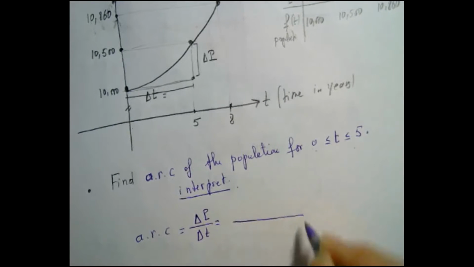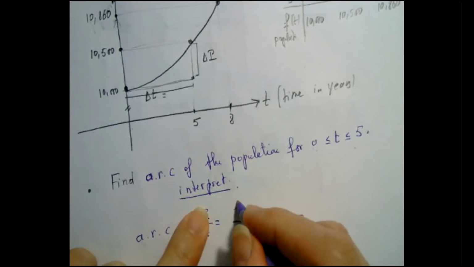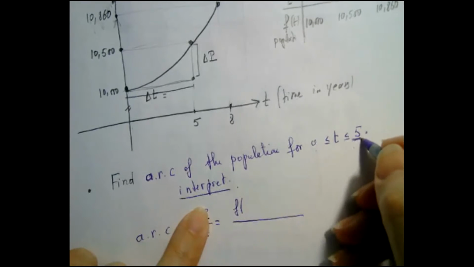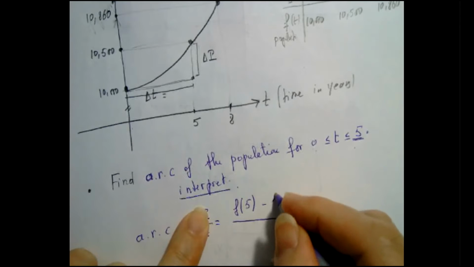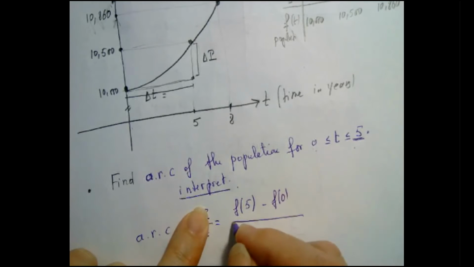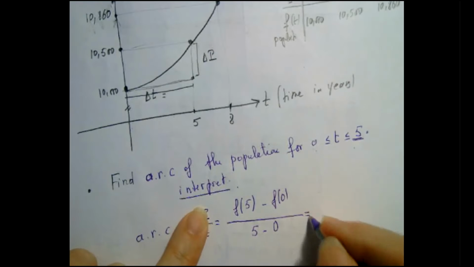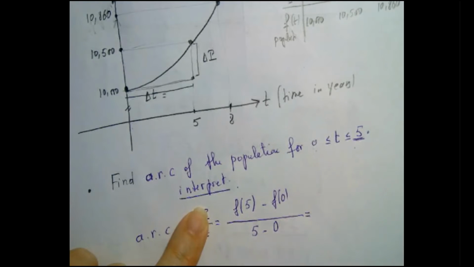So this is equal to what? What's the change in population? It's how much we had, the population at 5 minus the population at 0, divided by 5 minus 0. What's f of 5 minus f of 0?